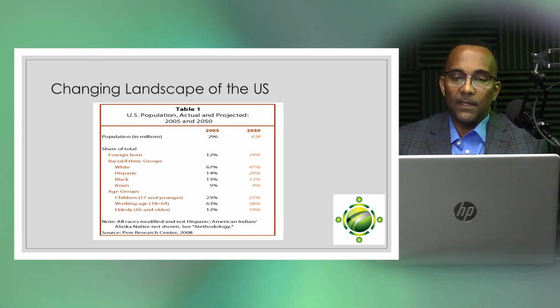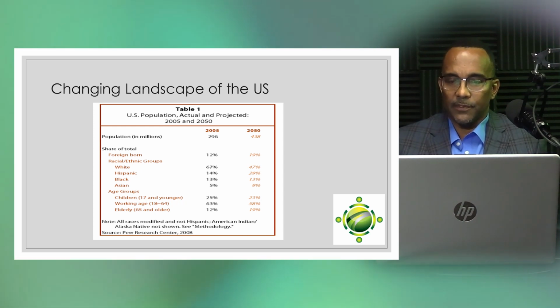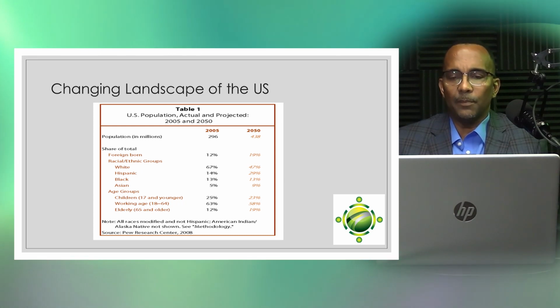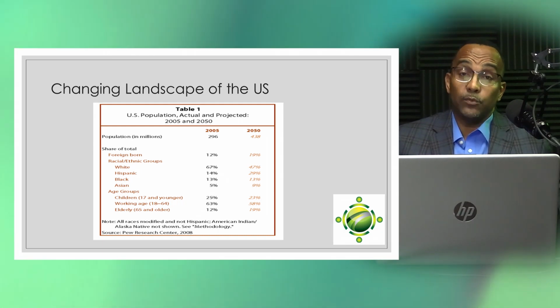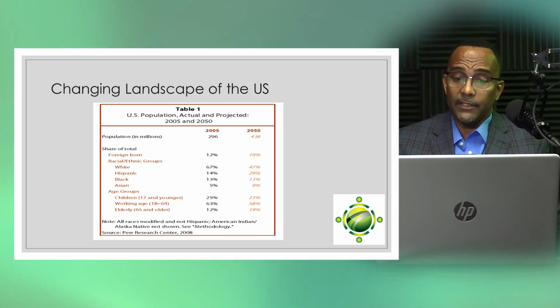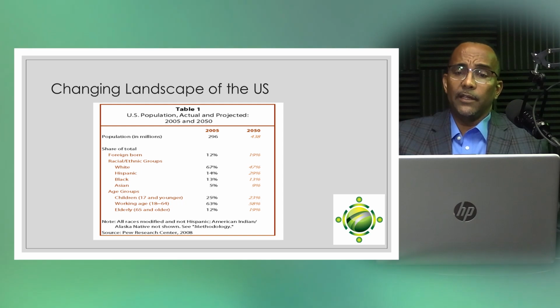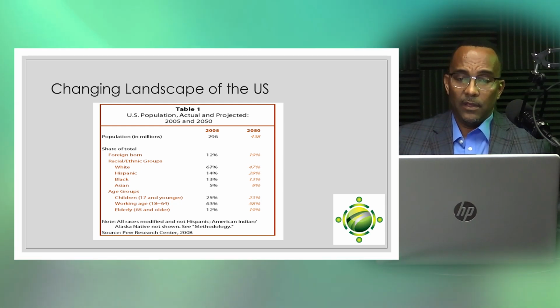Projected by 2050, 47% will be white, and then 29% Hispanic, 13% Black, Asian 9%. When you total up all of the minority groups, the United States will be more of a minority population than the majority, as it had been in the past. So that's pretty telling in terms of where we're headed.